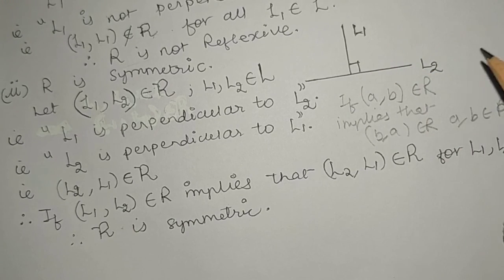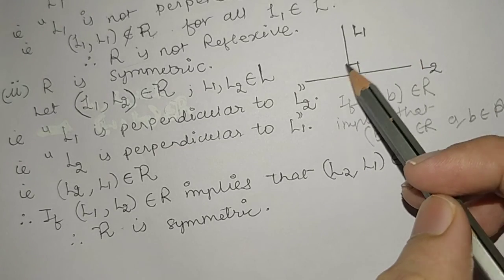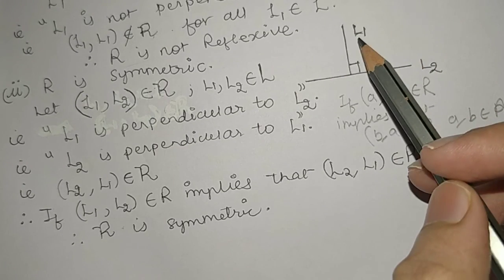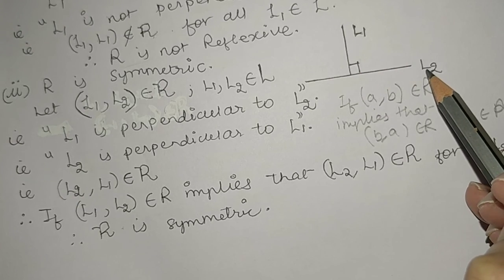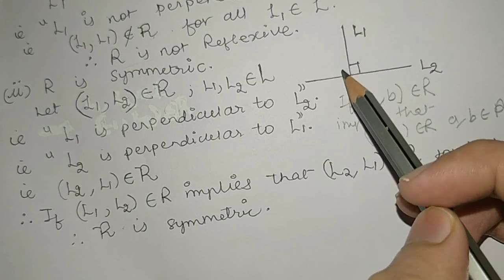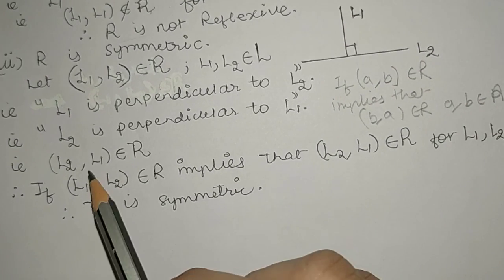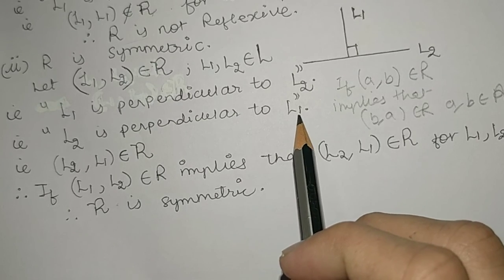Now the line L2 also makes a 90 degree angle with the line L1. So we can write L2 is perpendicular to L1.